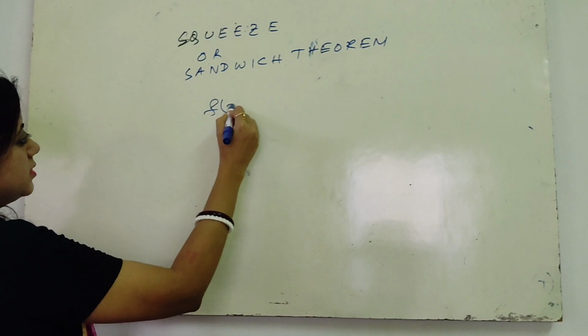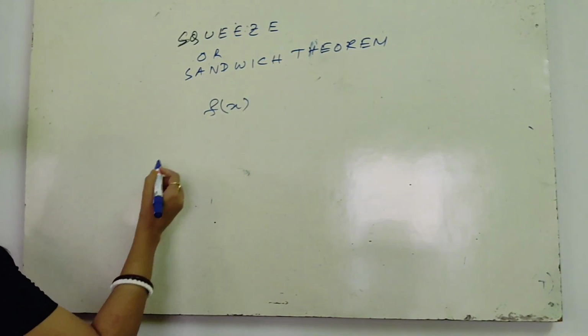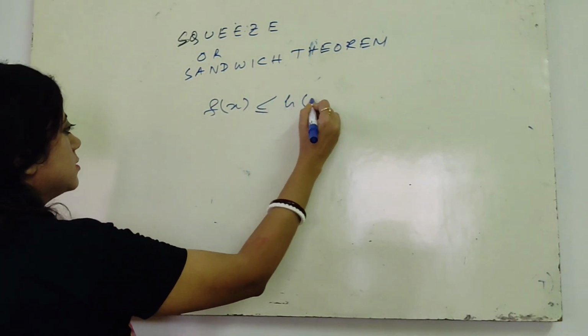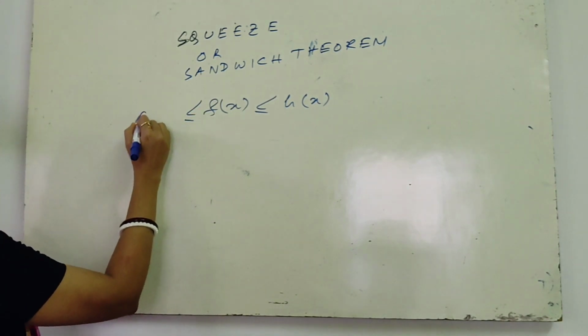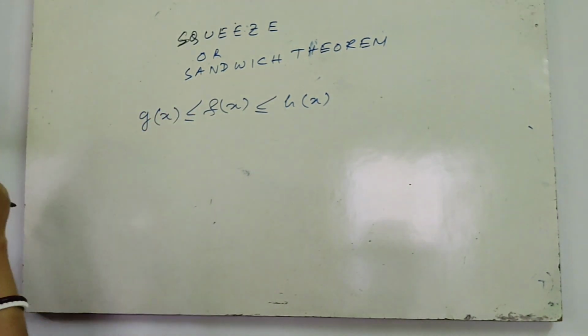Suppose f(x) is a function which is less than or equal to h(x) and greater than or equal to g(x). That is, g(x) ≤ f(x) ≤ h(x).